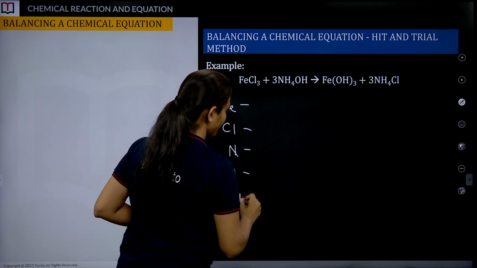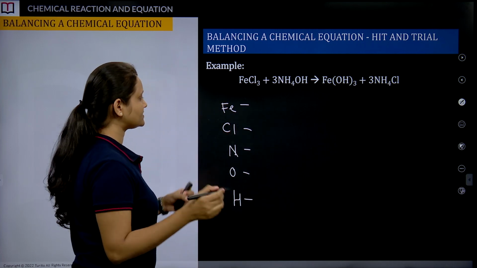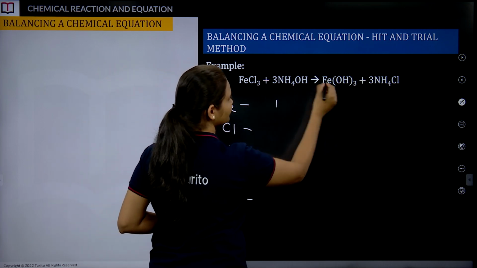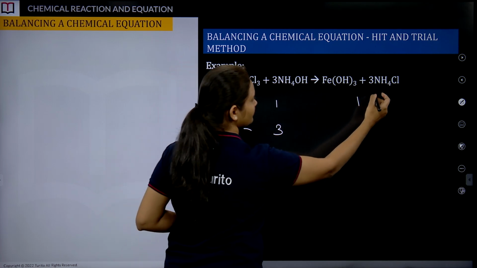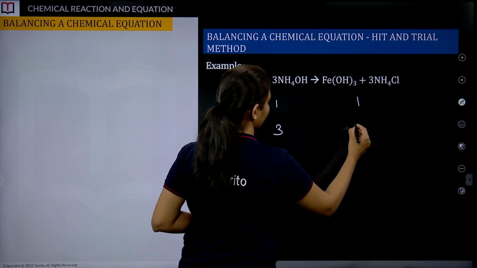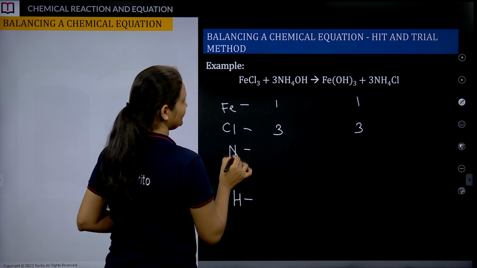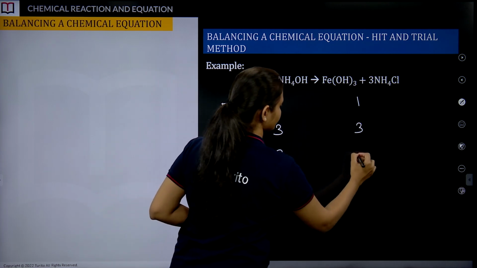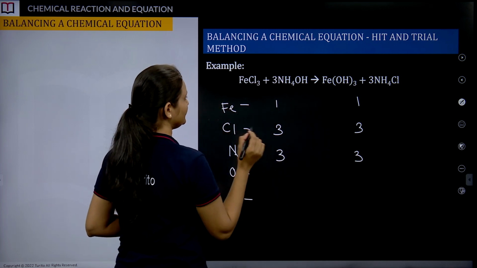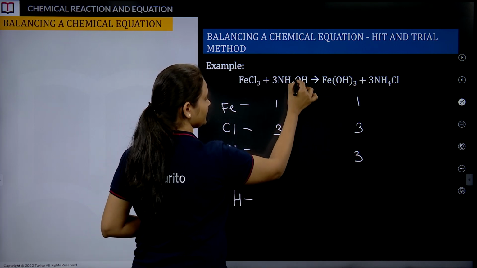So quickly count all the atoms on both sides. Fe 1 there, Fe 1; chlorine 3, there number of chlorine 3 is applicable for this chlorine also, that's how 3; nitrogen 3, there also nitrogen 3; oxygen, how many oxygens are there? 3 is applicable for this oxygen.